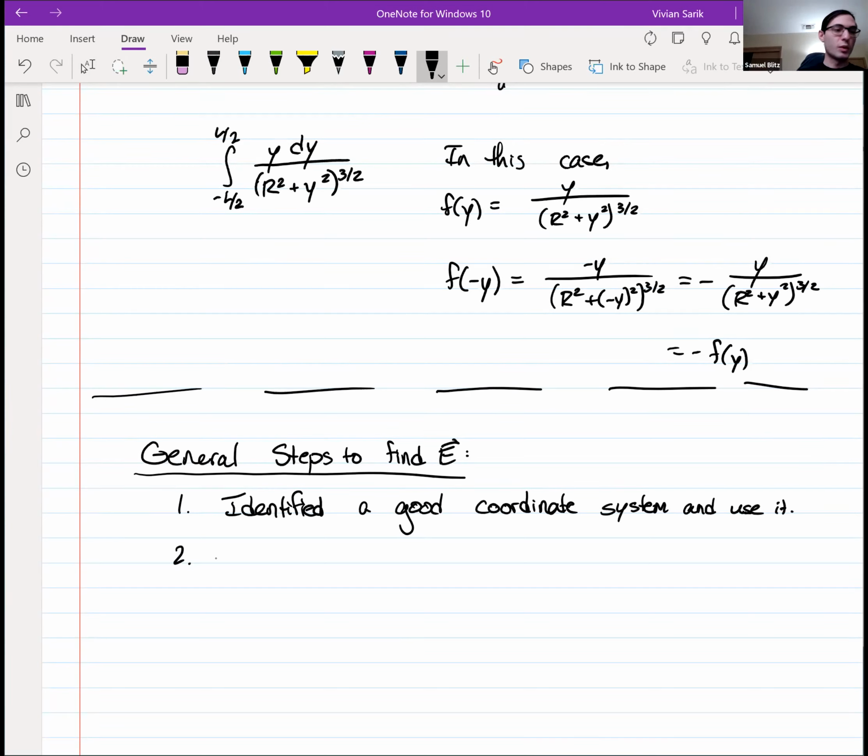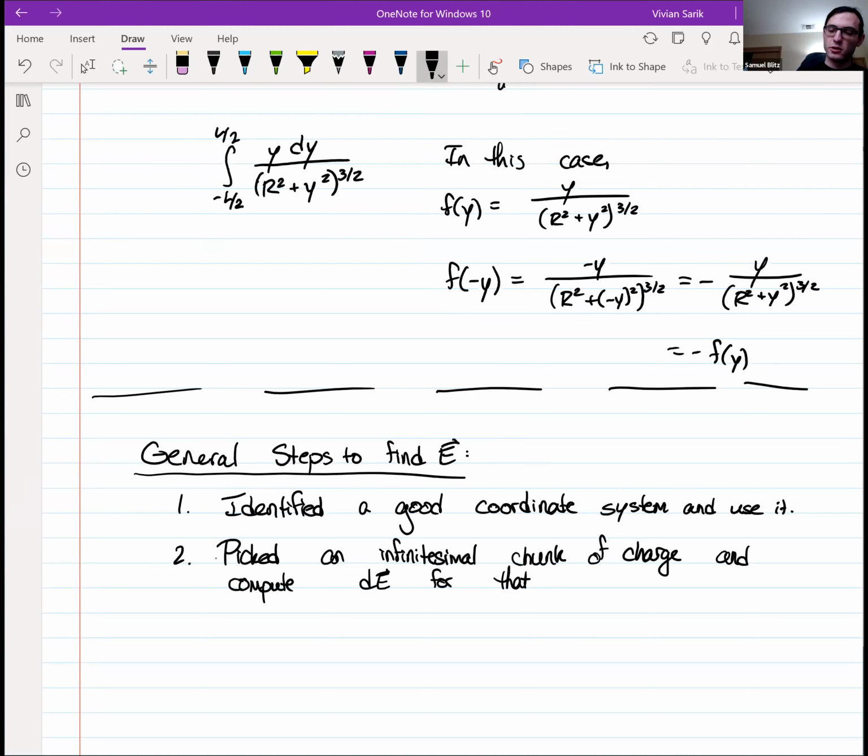Second step, we picked an infinitesimal chunk of charge, and we computed the electric field from that chunk. I actually really like how this is writing.